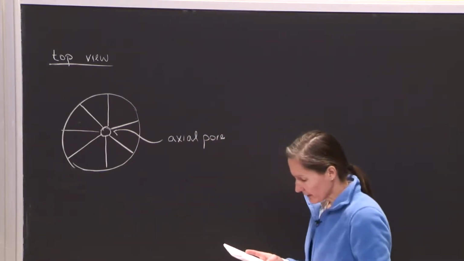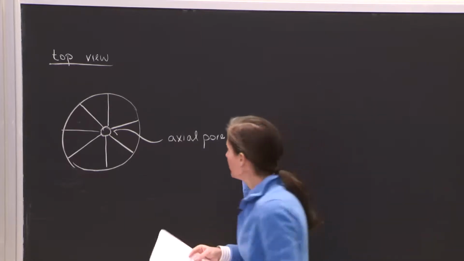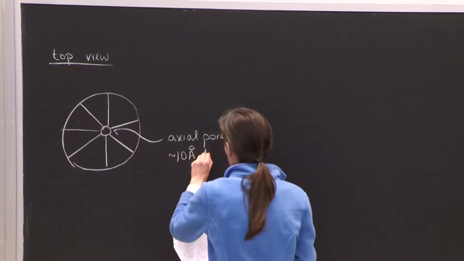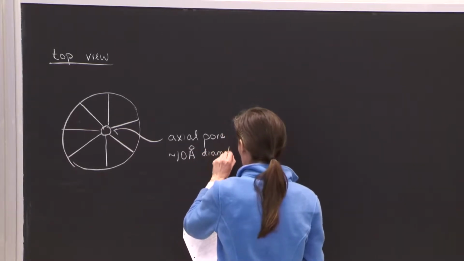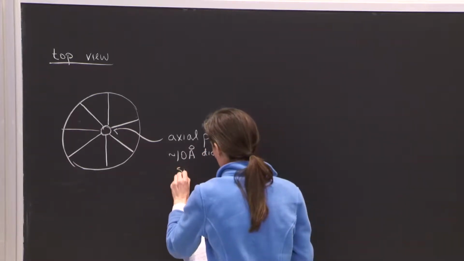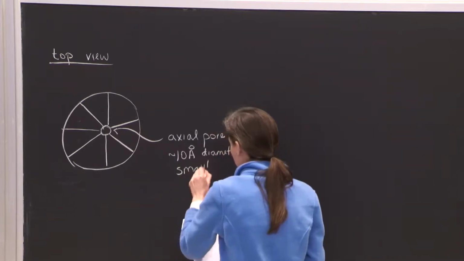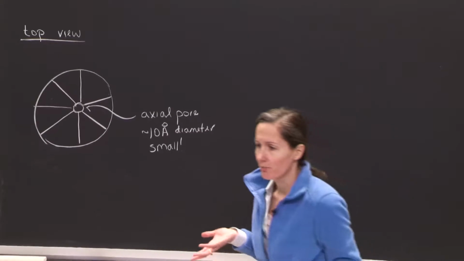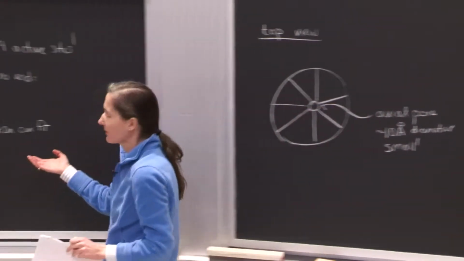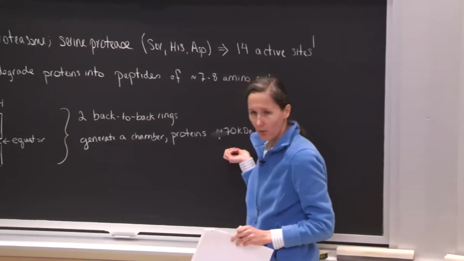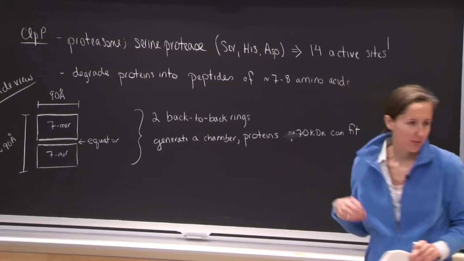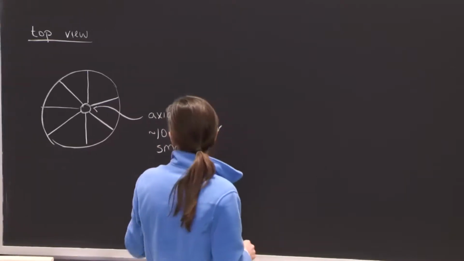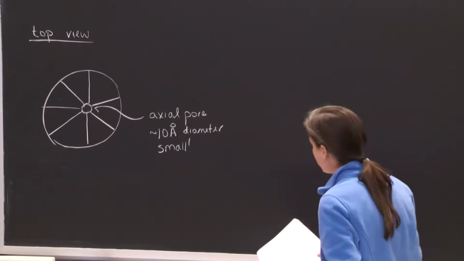This pore is small, about 10 angstroms in diameter. In thinking about that size, we need to think about the size of some large protein. If we have something on the order of 70 kilodaltons with a fold, that protein's not going to fit through this hole in that state. So it's too small for a big folded protein.